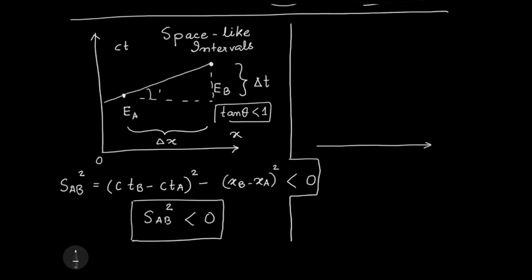This angle is theta, right? So that is less than 1. What if tan theta equals 1? So let's try to draw such an interval. So say EA here and EB here.